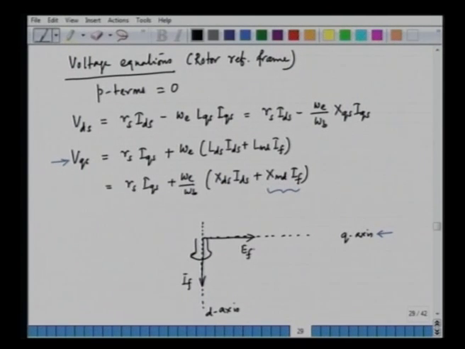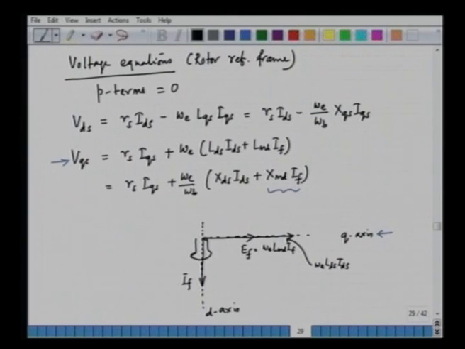And what is Ef? Ef is the same as omega e into LMD into If. Then we also have a term which is omega e into LDS into IDS, that is also in the q axis. So we can show that term here, omega e into LDS into IDS.